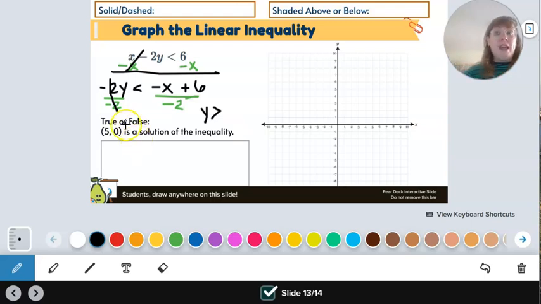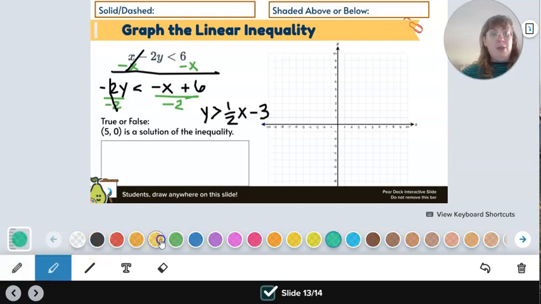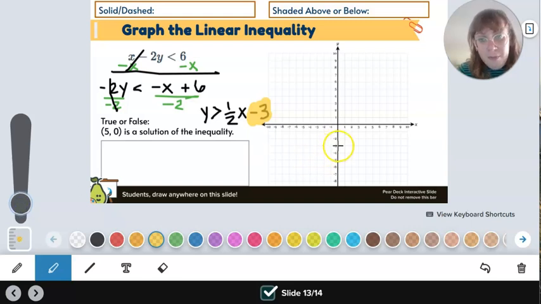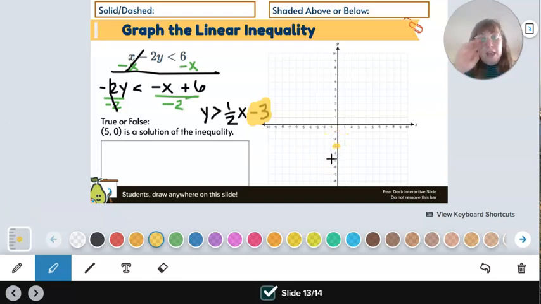So we have y is greater than. -x divided by -2 is a positive 1/2 x. 6 divided by -2 is -3. So our y-intercept is that -3. And our slope is 1/2.